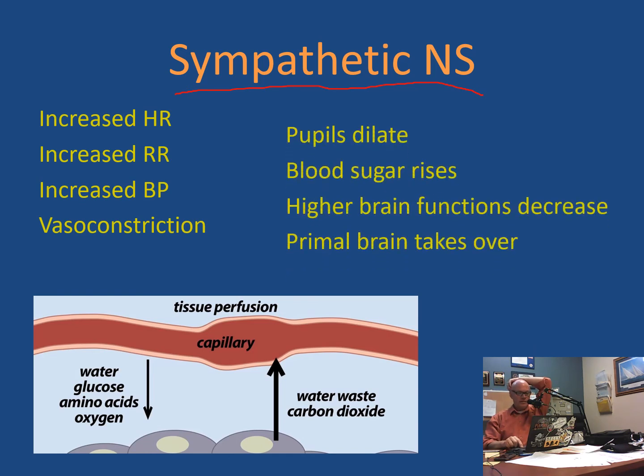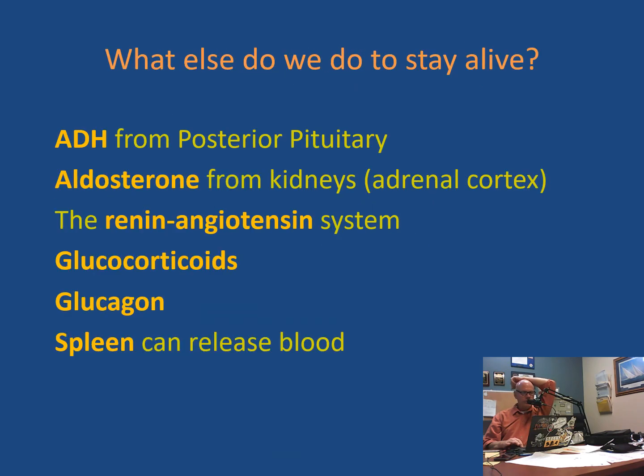Some other things is your pupils will dilate, your blood sugar is going to go up, your higher brain functions decrease. That's right, epi makes you stupid. So your primal brain will take over in this process, all right? So all of these, sympathetic nervous system, same nervous system that we use when we're scared, is going to be the one we use when we need to stay alive for shock.